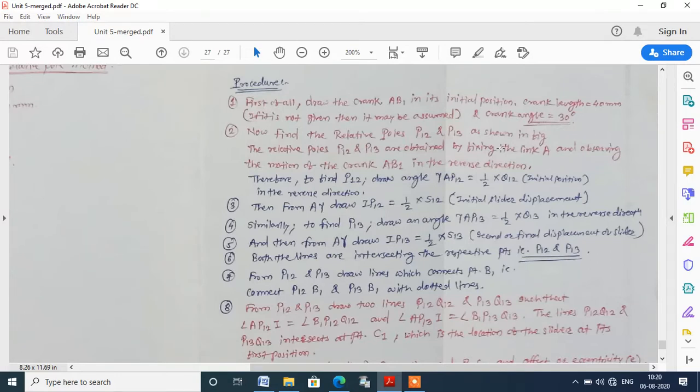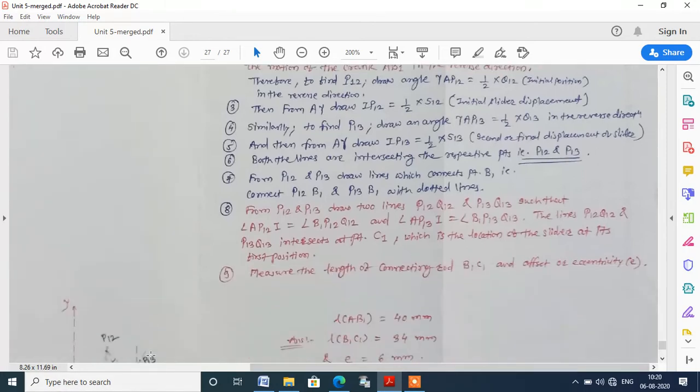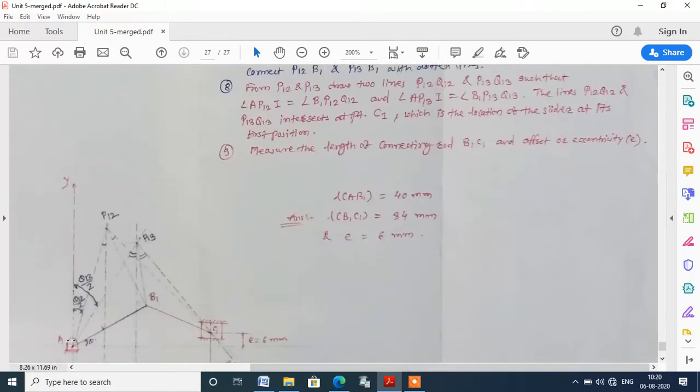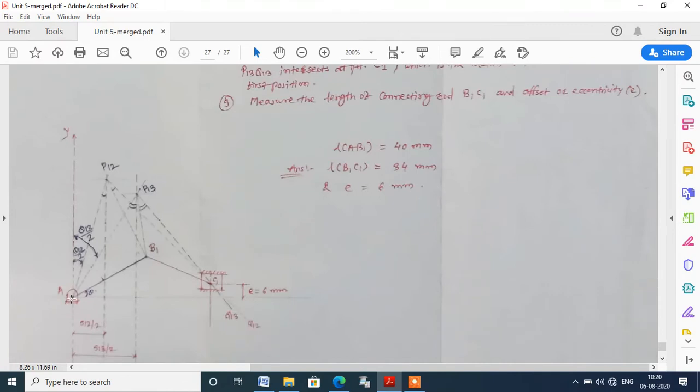The crank angle is also given, that is 30 degrees. So using the crank length and crank angle, draw the crank A1B1 here. I have taken one point, and from that point I have drawn A1B1, that is 40 mm, with an angle to the horizontal of 30 degrees.